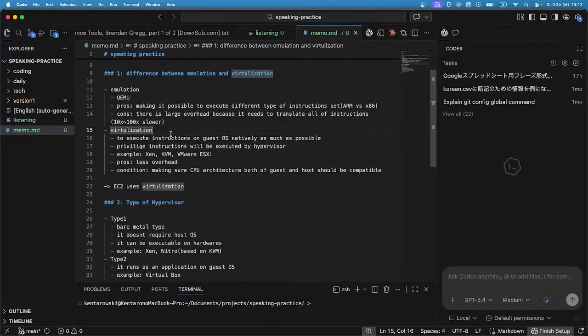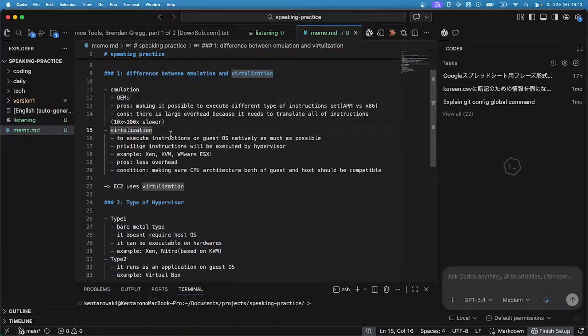And on the other hand, virtualization is to execute instructions on the guest OS natively as much as possible. As much as possible. So what is the exception? That is privileged instructions.